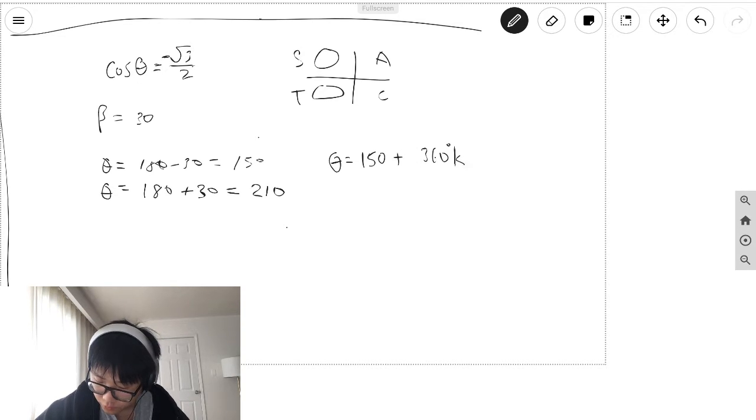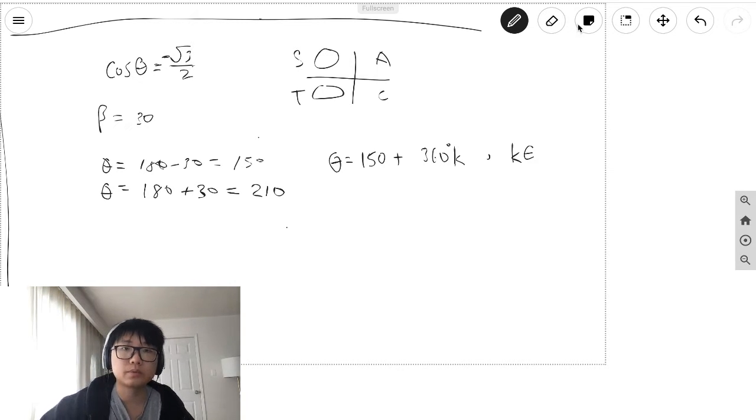So 360k, and then I'm going to write comma where k is an element of... What's a good set? Are negative numbers natural numbers? Let me check, because I want a way to represent 0 and negatives. Oh, integers, right? Integers are good, because they include positive and negative whole numbers and 0 as well.